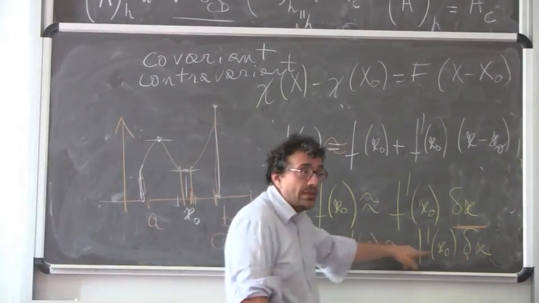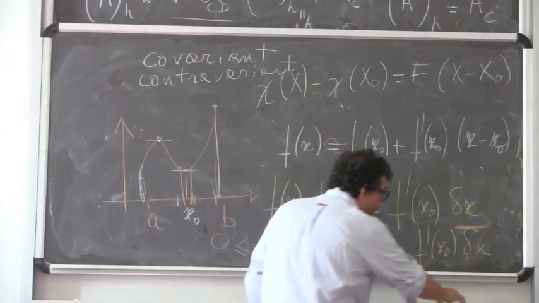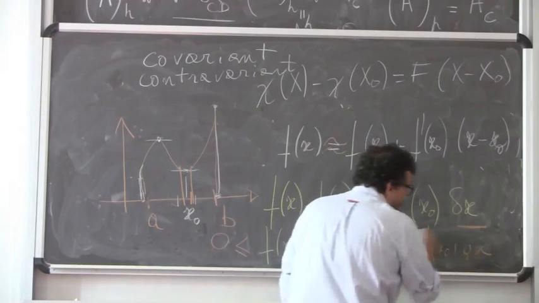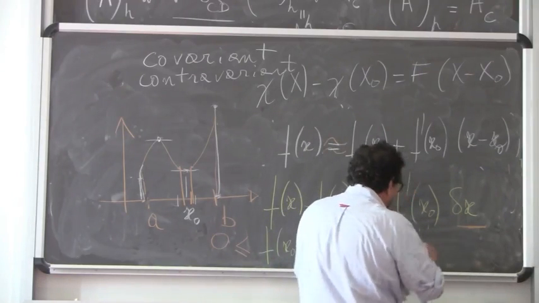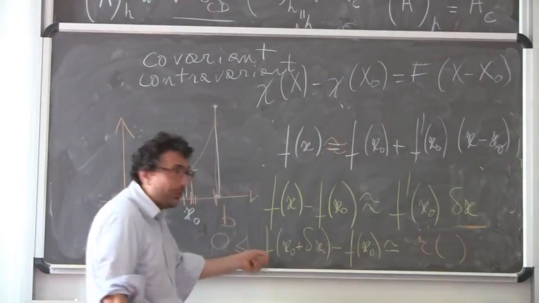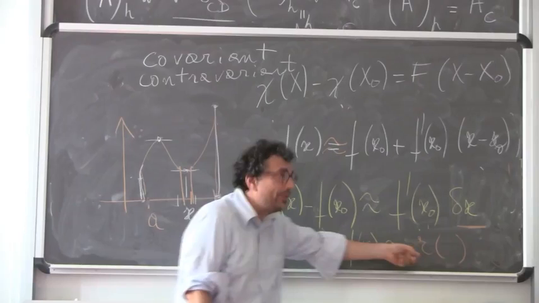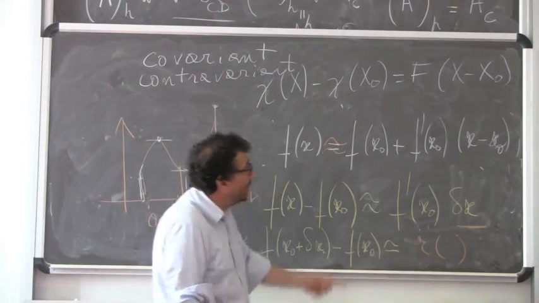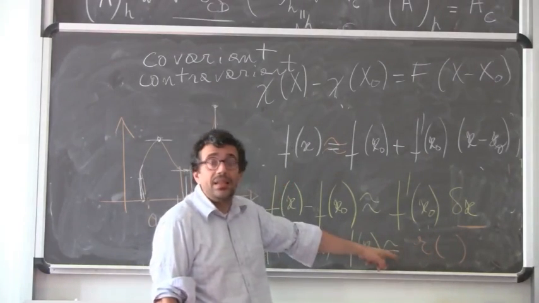If f prime is 0, then the first variation is vanishing, and you are left with the remainder. So this difference is equal to the remainder. You remember how we wrote the remainder?